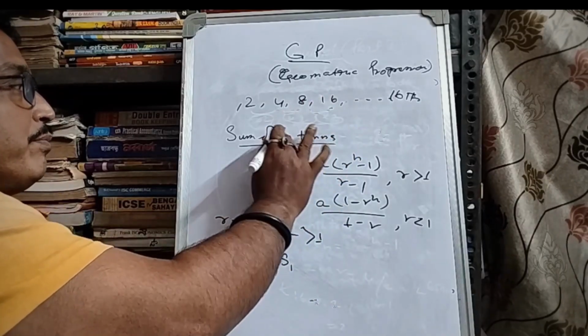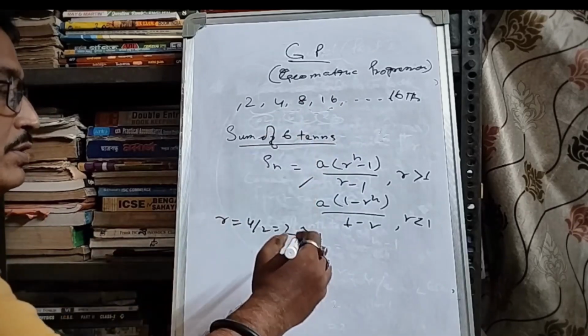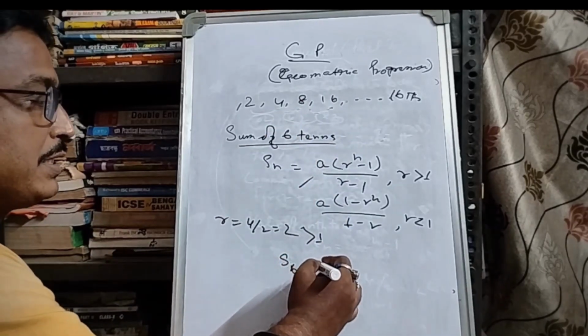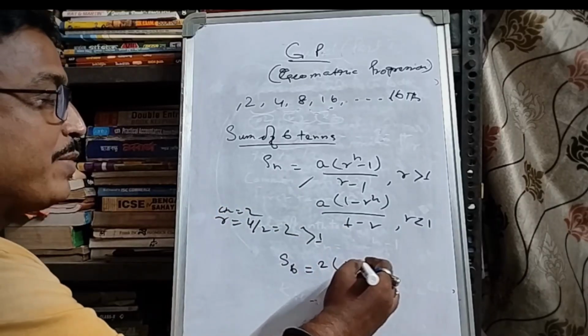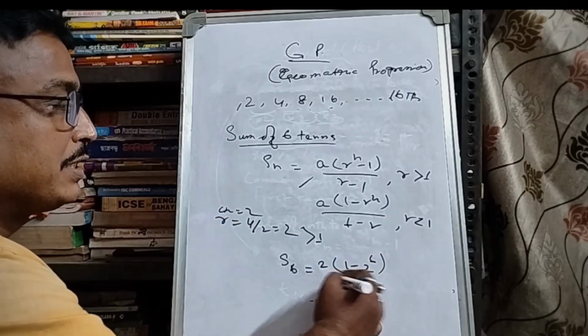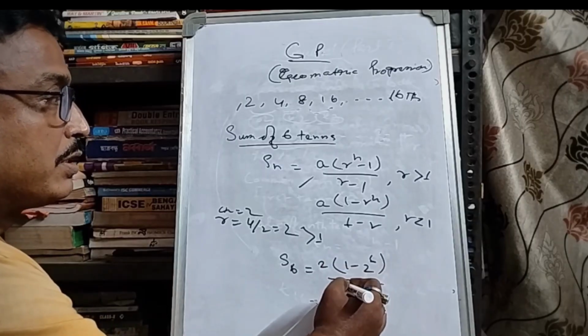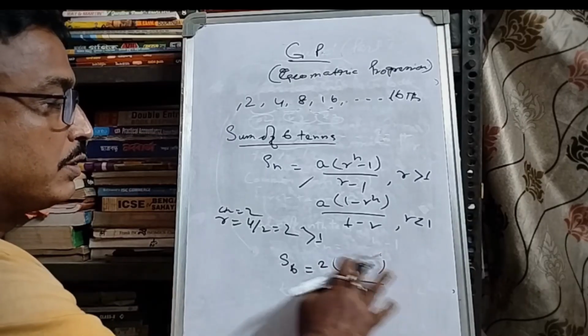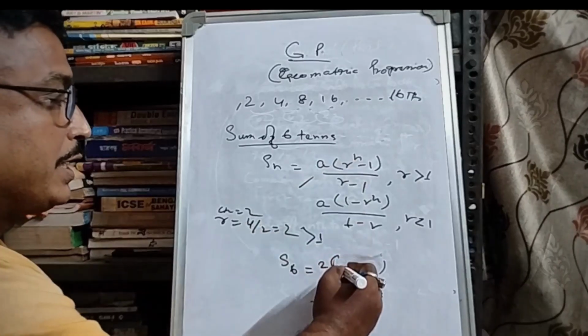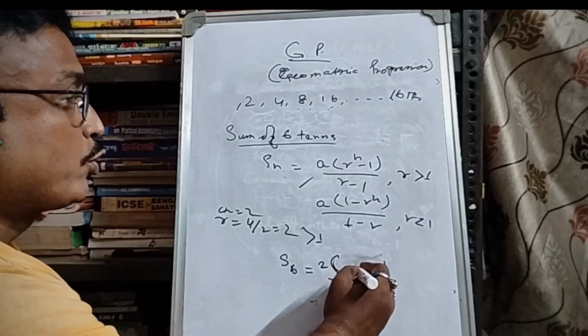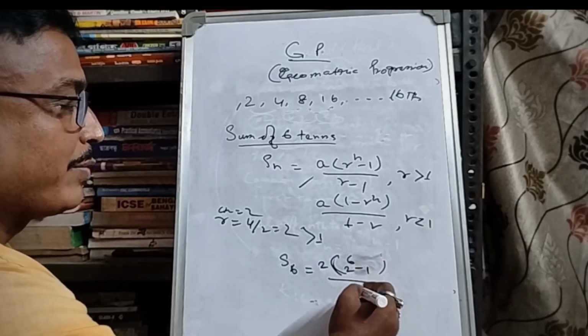Suppose the sum of 6 terms, S6: since r is greater than 1, a (r to the power n minus 1) divided by (r minus 1).